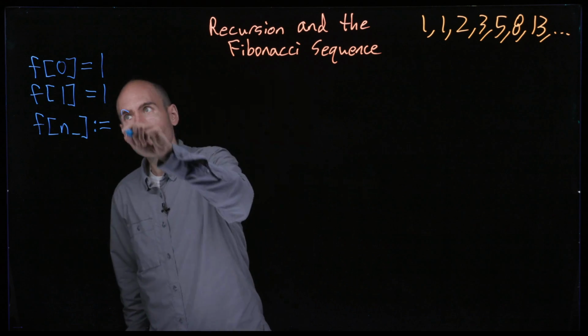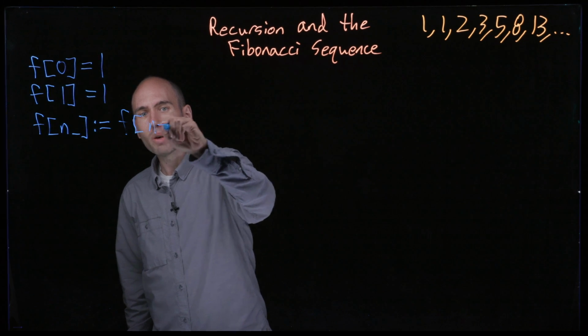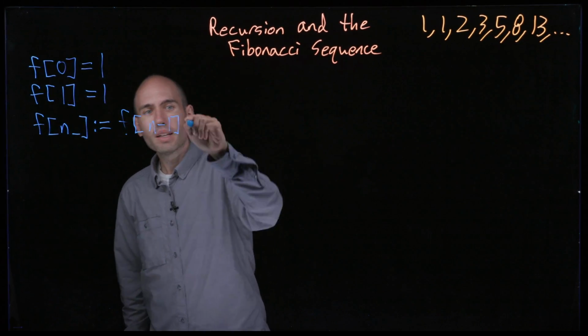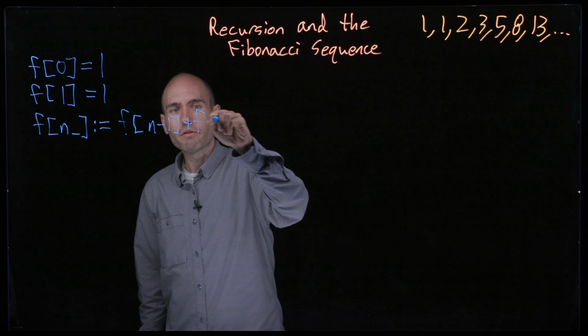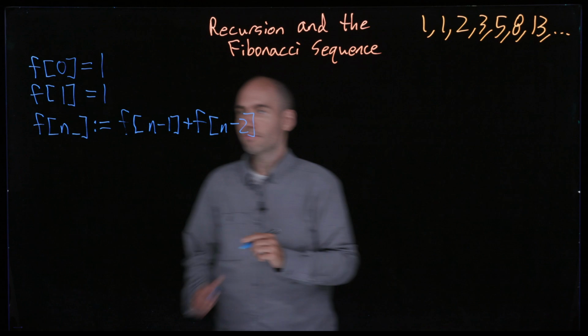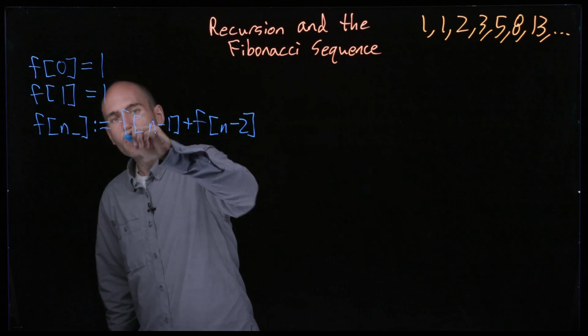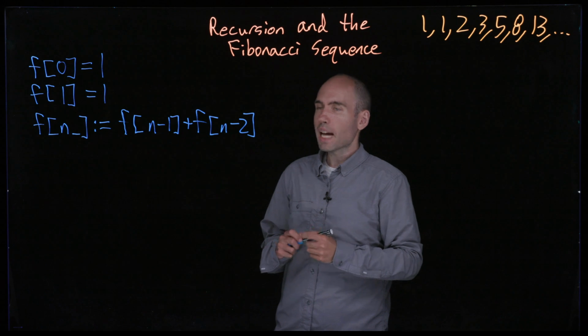And then that is going to be f bracket n minus 1 plus f bracket n minus 2. And this is basically a good definition of the Fibonacci sequence.